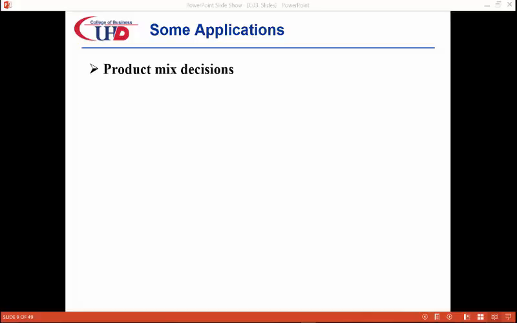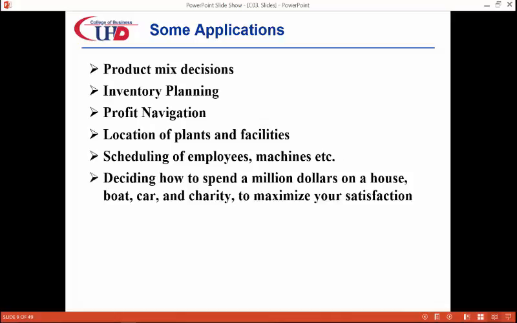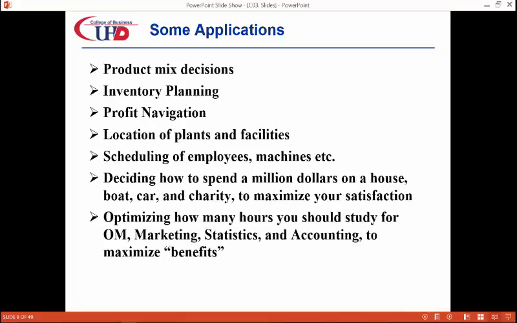Besides that, we can also use linear programming for inventory planning, making a profit navigation, deciding the location of plants and facilities, and scheduling employees, machines, etc. Even going out of the scope of operations and supply chain management, linear programming also has a lot of applications. For instance, the one listed here: how to make a spending plan to get the largest utility. Or something like a study plan for using time most efficiently.